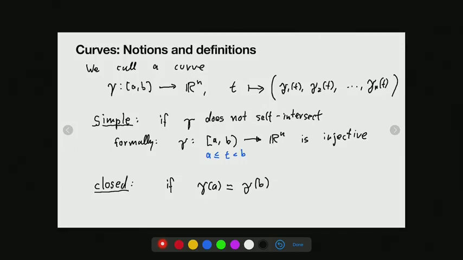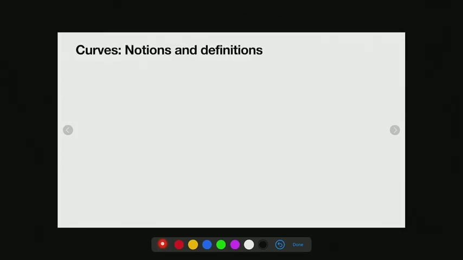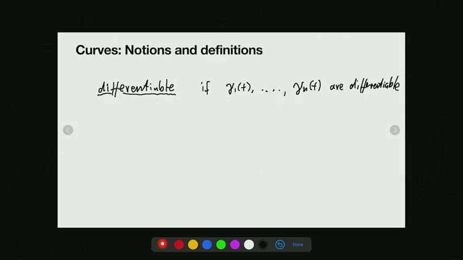There are also some features that are related to differentiability. So obviously, we would like things to be differentiable to work with them, since we're doing calculus. So we call a curve differentiable if the n components, gamma 1 up to gamma n, are differentiable. So very straightforward. And finally, the last piece of vocabulary here, une courbe régulière.